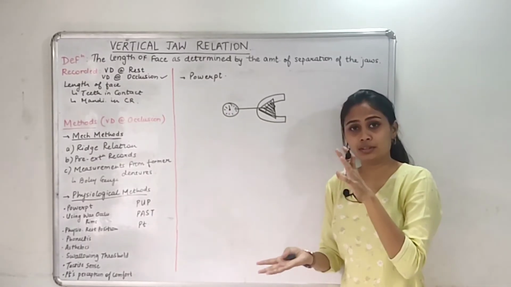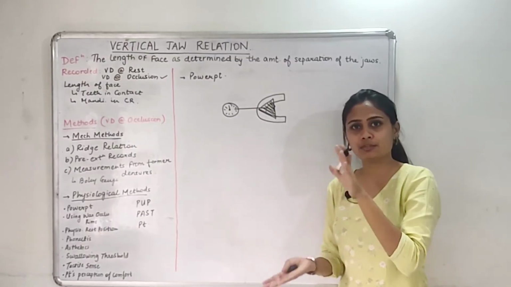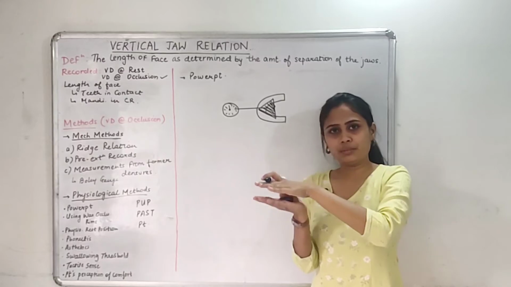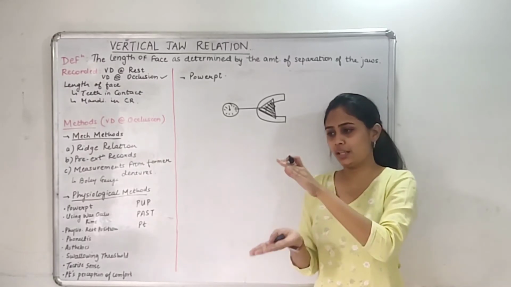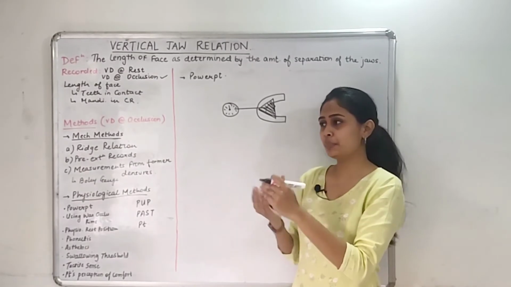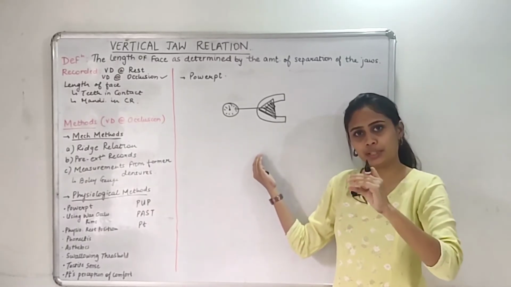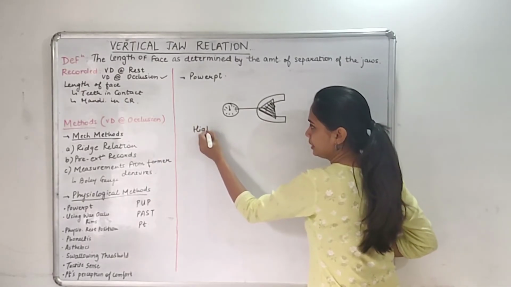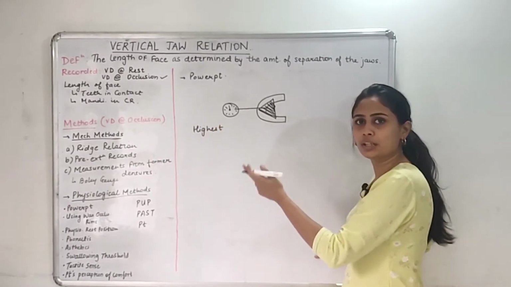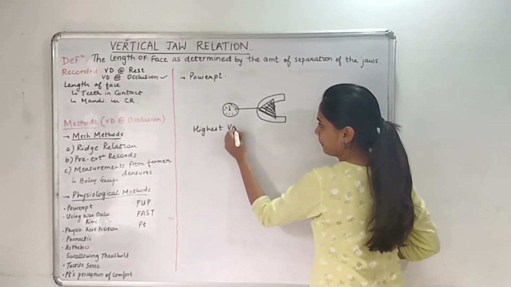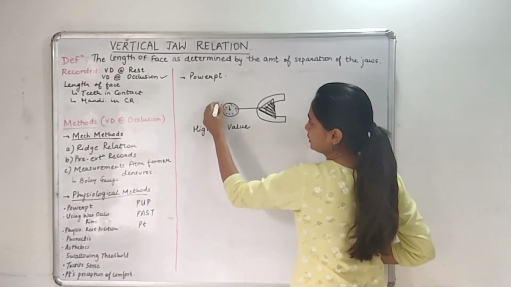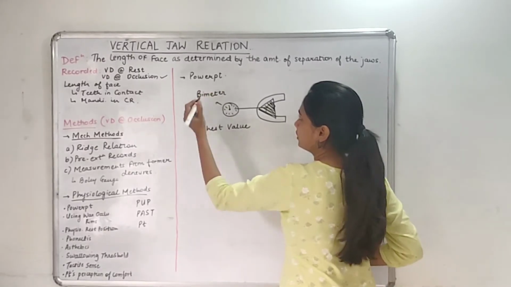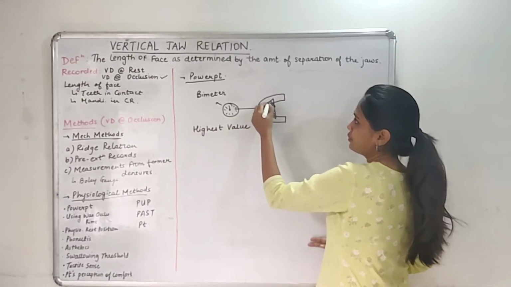When the rims are occluding at different degrees of jaw separation, here the jaw separation is less, the patient bites, less force is needed, more force is needed, and we have to tell the patient to keep doing that, and the highest value recorded in the biometer gives us the vertical dimension at occlusion. Okay, highest value. This is a biometer. So in Power point, there is a central bearing plate.